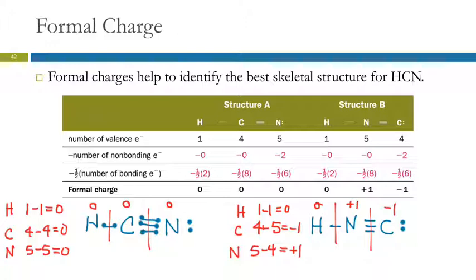So let's look at hydrogen, carbon, and nitrogen as atoms. If you look at the Lewis structure for the atom, hydrogen has 1 valence electron, carbon has 4, 1, 2, 3, 4. Nitrogen has 5, 1, 2, 3, 4, 5, right? And you put them around singly first, and then you pair them up.